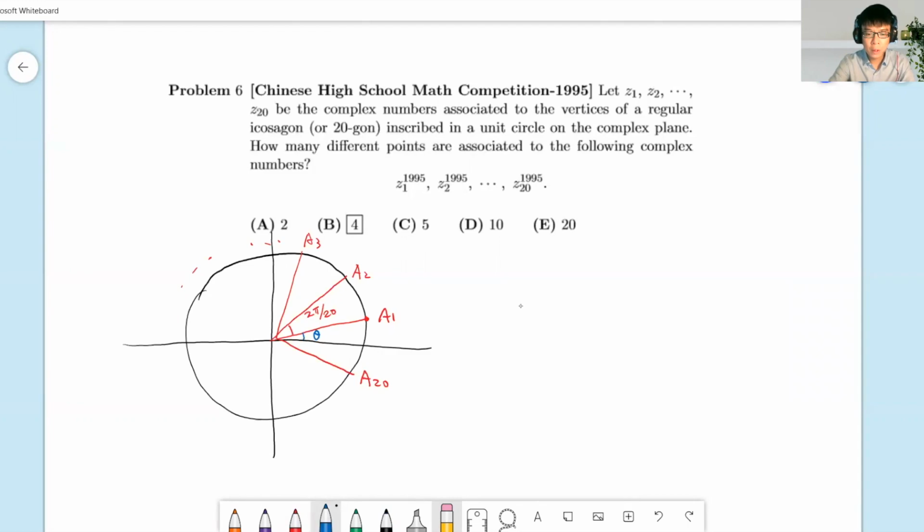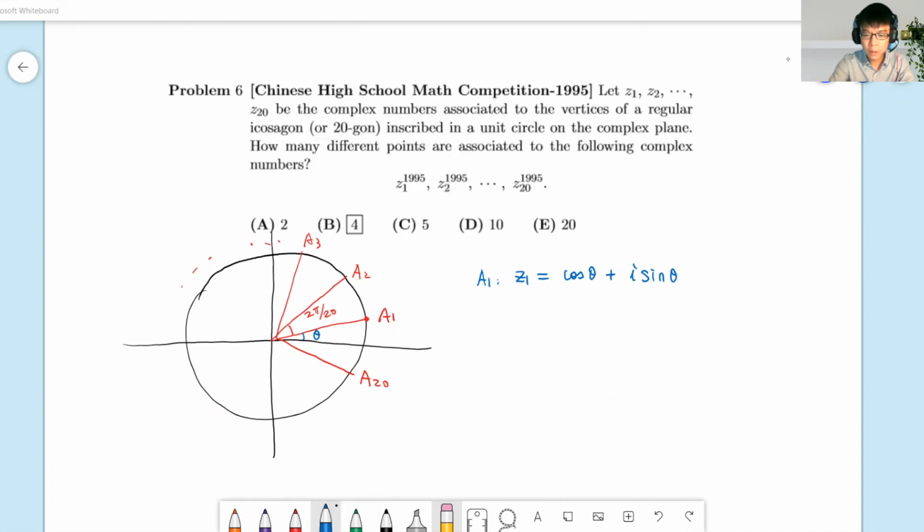By Euler's formula, we know A1 corresponds to Z1, which is cosine theta plus i sine theta. And next, we can express every other vertex in terms of Z1. We basically rotate every vertex by 2 pi over 20.